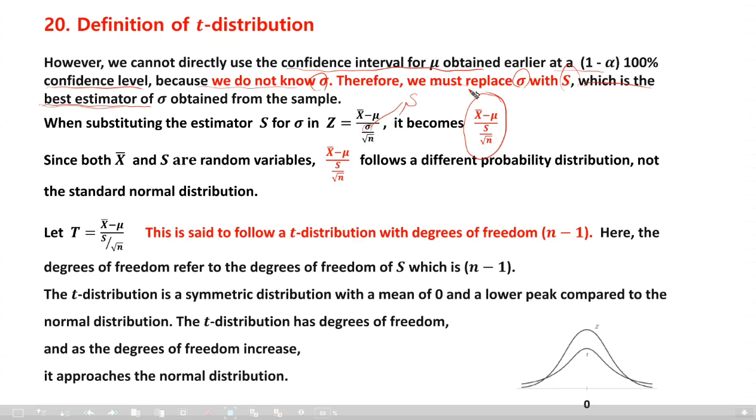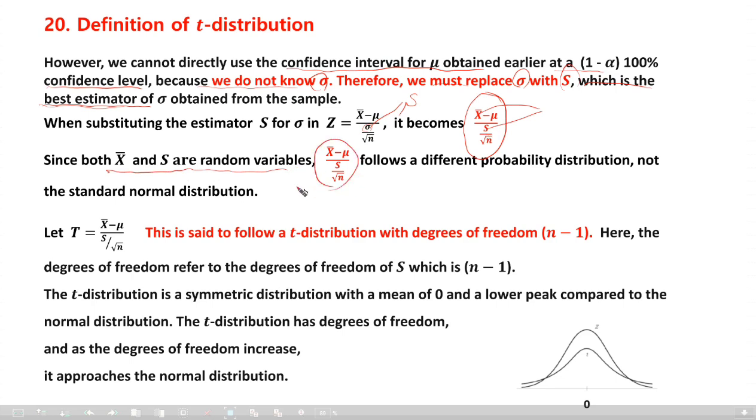Then it is very complicated. It has a very complicated distribution because x bar and S are random variables. Both of them are random variables.